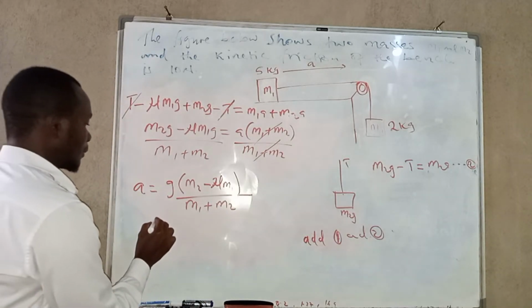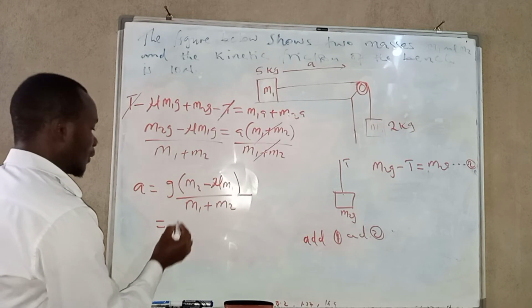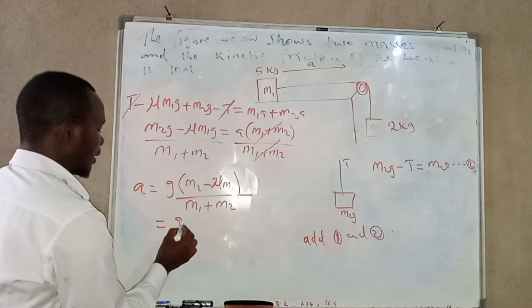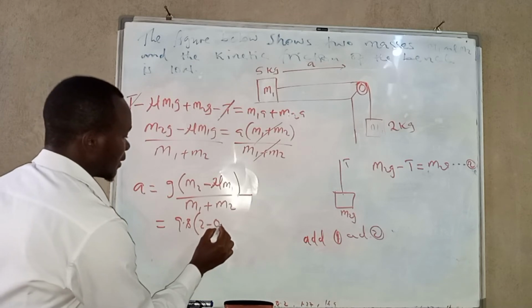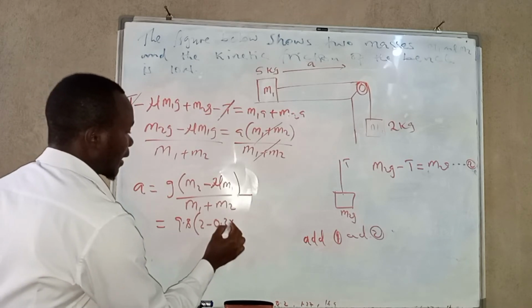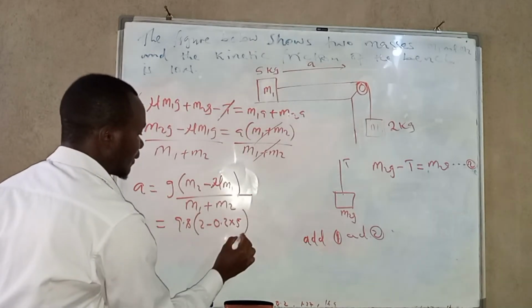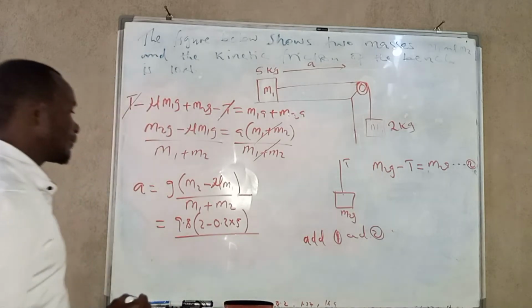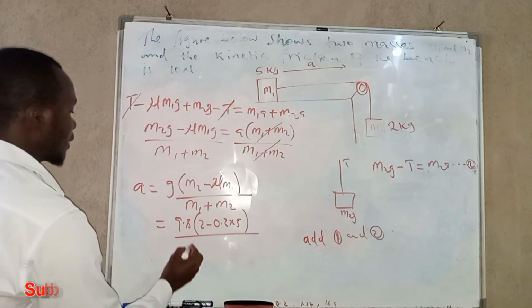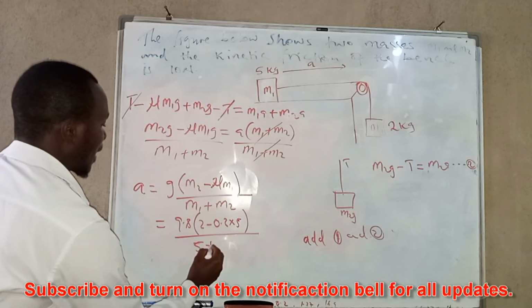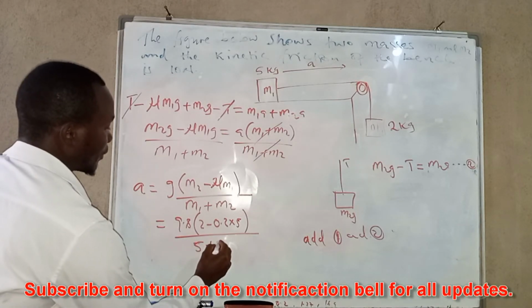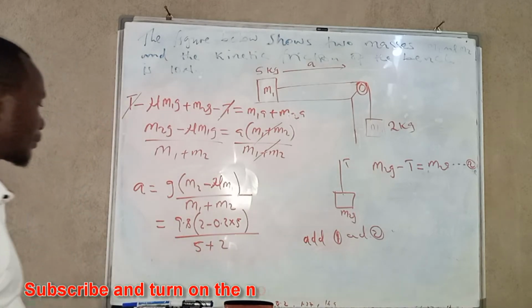From this, G is 9.8, M2 is 2 minus 0.2 times M1, which is 5, over M1, which is 5, plus 2.